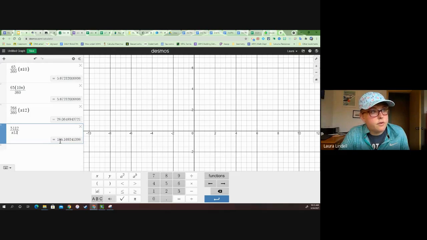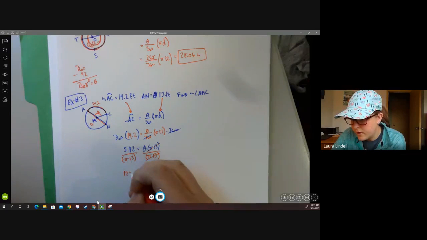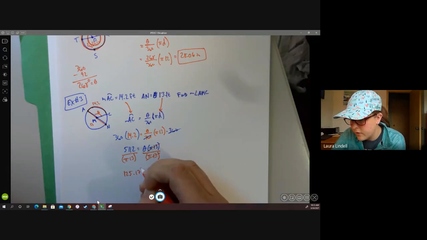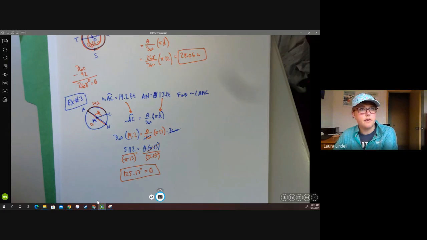And we get 125.17 is what it rounds to. So 125.17 degrees equals theta. And that is our answer.